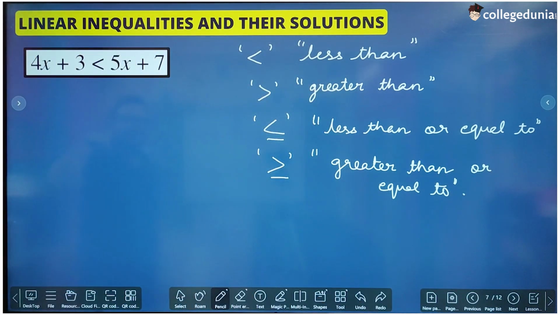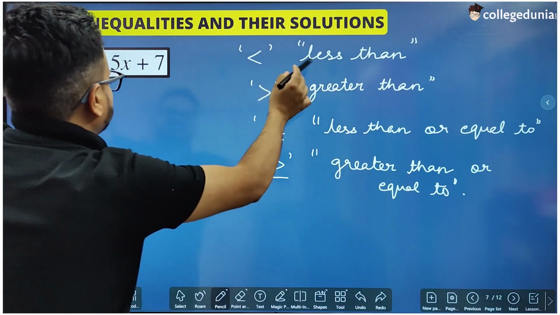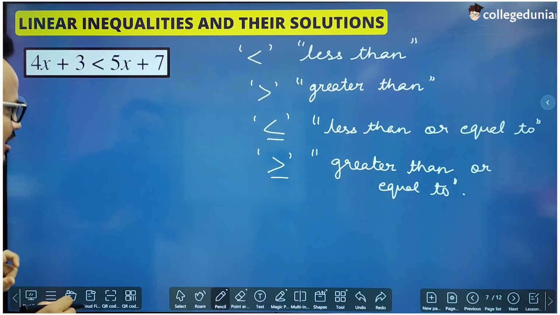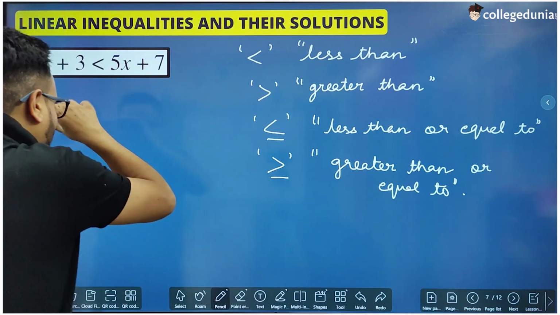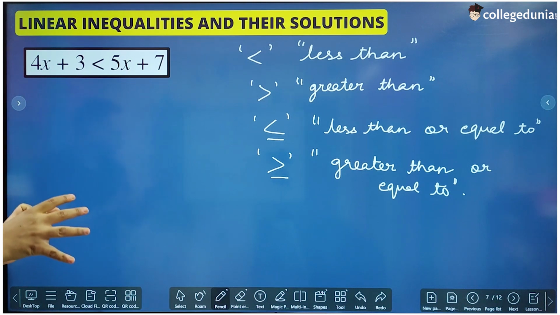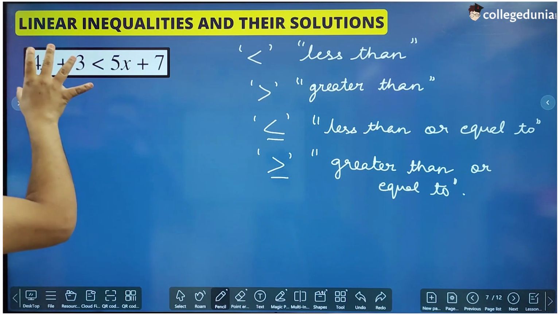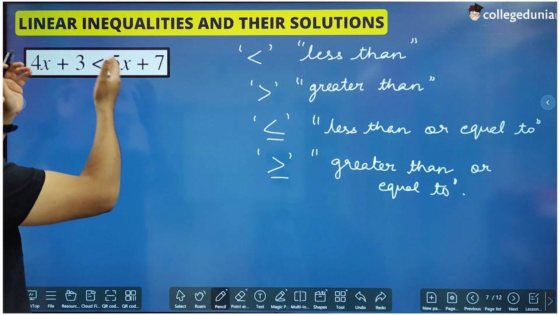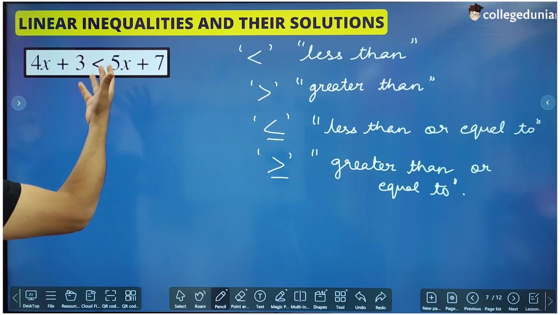Right? Okay, now this less than sign is placed between the left hand side and right hand side. So what is the meaning of this? Now we have to solve this and find all those values of x which satisfy it.